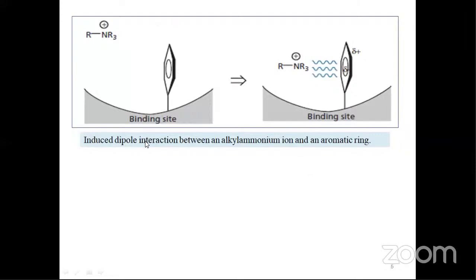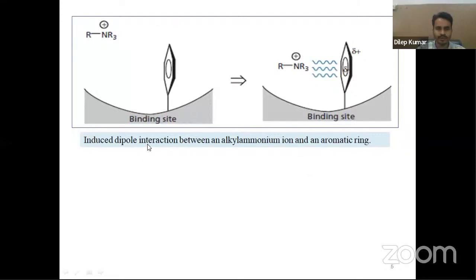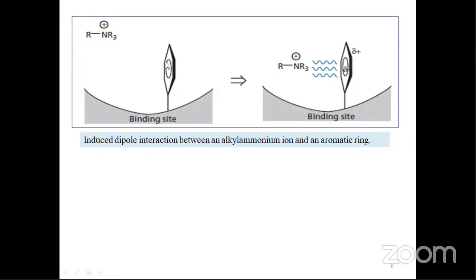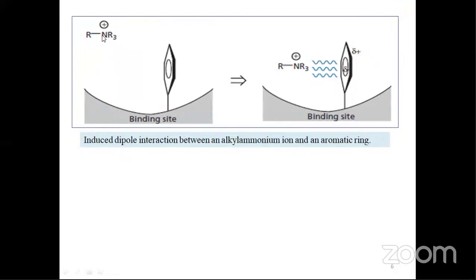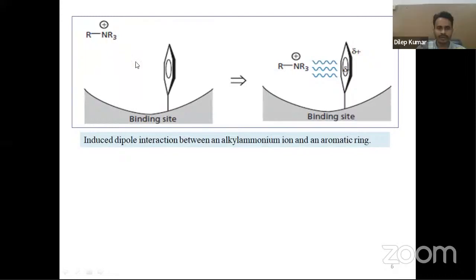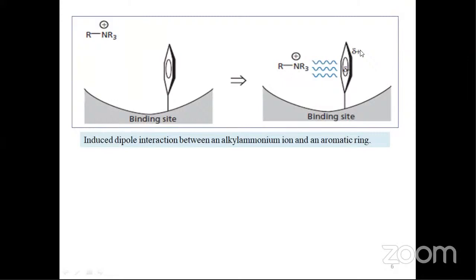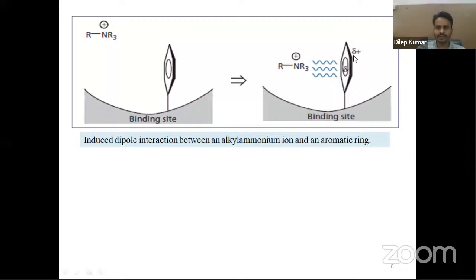In addition, we also have induced dipole interactions, where you can't see any type of dipole. But whenever a molecule which has a dipole or charge comes into the vicinity of this, it will induce a dipole. If you see here, due to the influence of this particular positive charge, there is separation of charge: a partial negative charge and a partial positive charge.